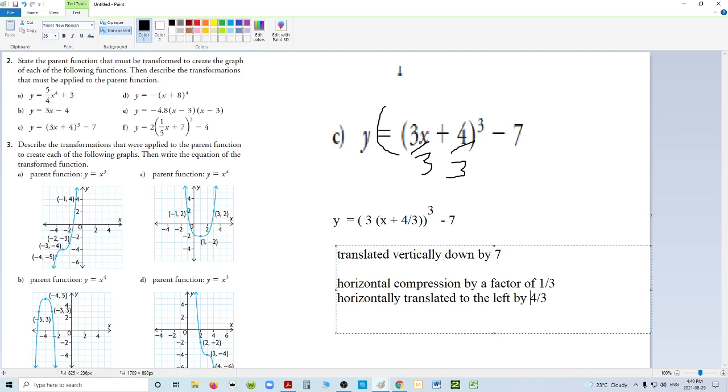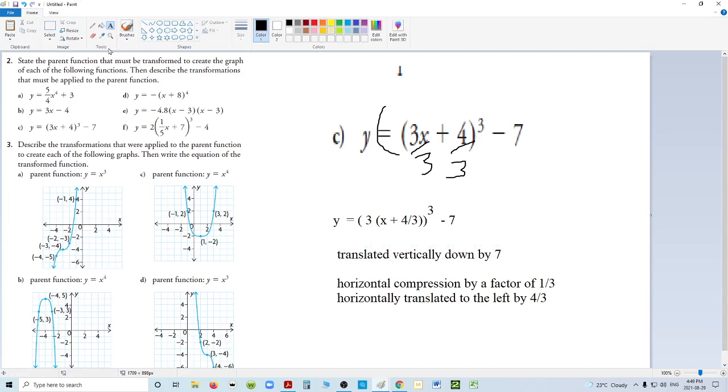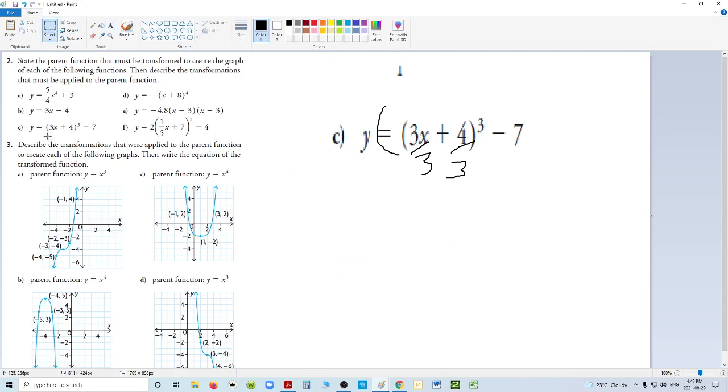So that's essentially, it's going to the left by 4/3. And there you go. So if you have the parent graph, that's what you would do to each of the numbers.